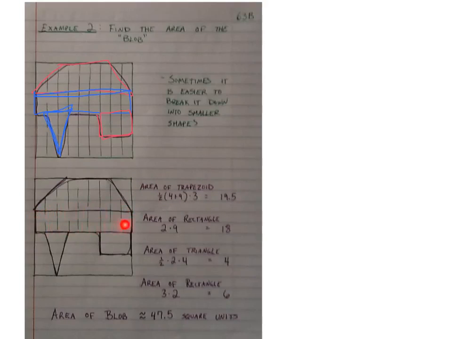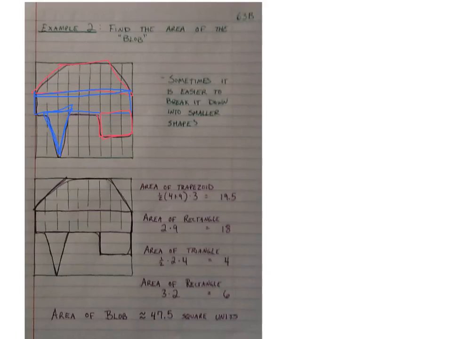Likewise, we find the area of the rectangle, we find the area of the triangle, half base of 2 times a height of 4, and then the area of the last rectangle, which is 3 by 2. So that allows us to find 4 areas that we add together. And this is a much more efficient way than drawing or counting up squares.